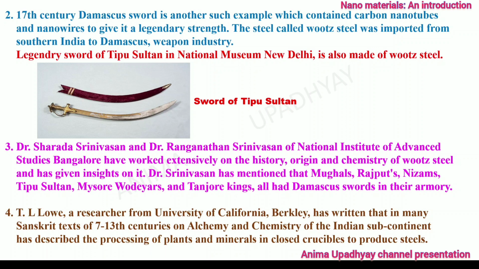T. L. Love, a researcher from the University of California, Berkeley, has written that many Sanskrit texts of the 7th to 13th centuries on alchemy and chemistry of the Indian subcontinent have described the processing of plants and minerals in closed crucibles to produce steels, because the plants and minerals attribute to the nanomaterials.